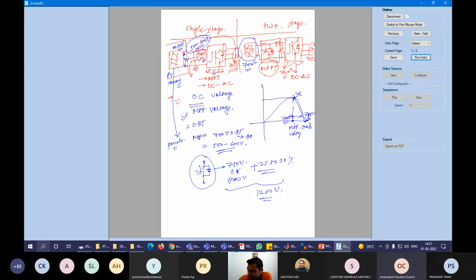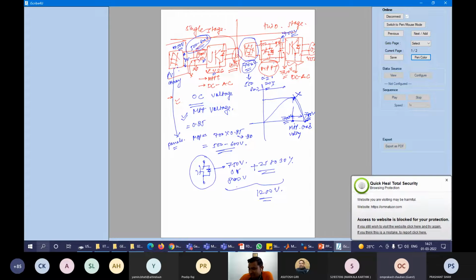Here you have selected some duty ratio like 20%, which is the allowable limit by which we can boost. From 600 to 700 we can boost, or 650 if it is reaching. So 50 volt, 70 volt, 80 volt we can boost so that we can reach 700 volt.